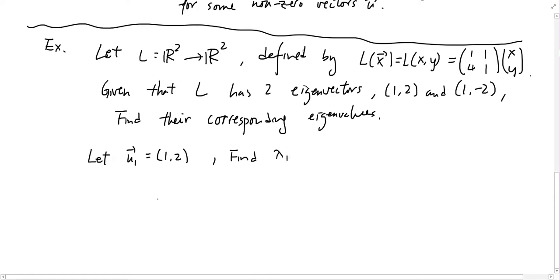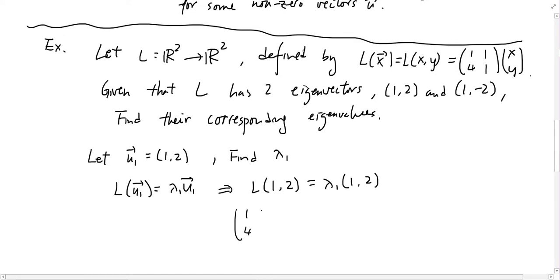Well, the idea is that L of vector u1 should equal lambda 1 times vector u1. So L of (1, 2) would equal some constant lambda 1 times (1, 2). That seems simple enough. All I have to do is apply L to (1, 2) and see what happens.